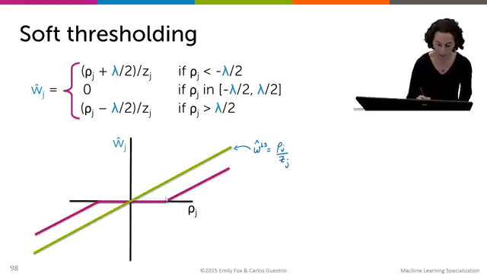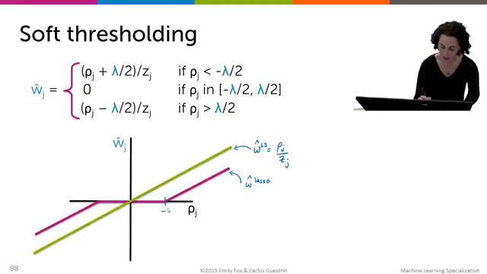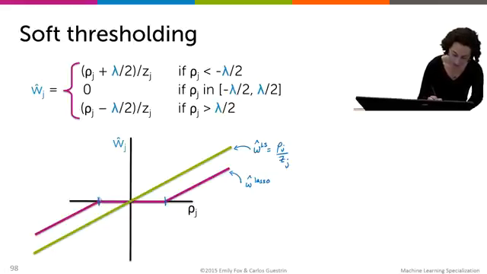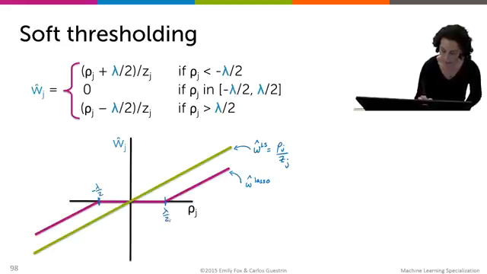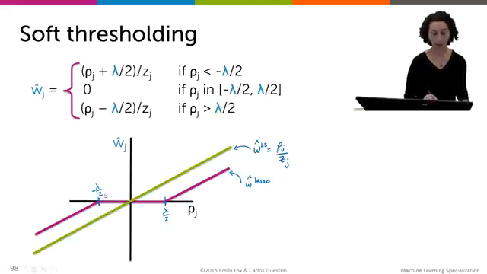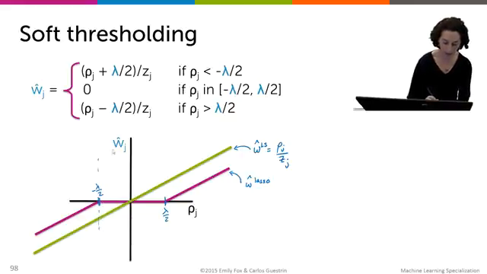And then when I look at my lasso solution, W hat lasso in this case, in the range minus lambda over 2 to lambda over 2, I get this thresholding of the coefficients exactly to 0 relative to my least squares solution.